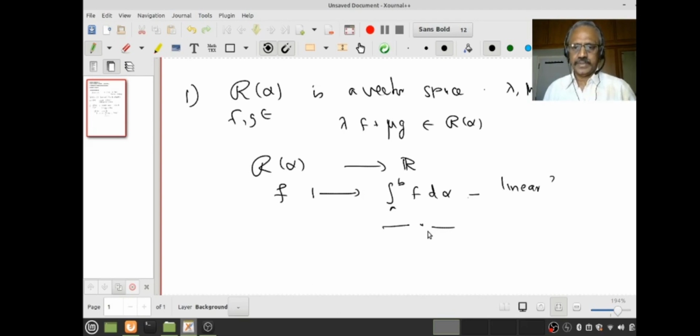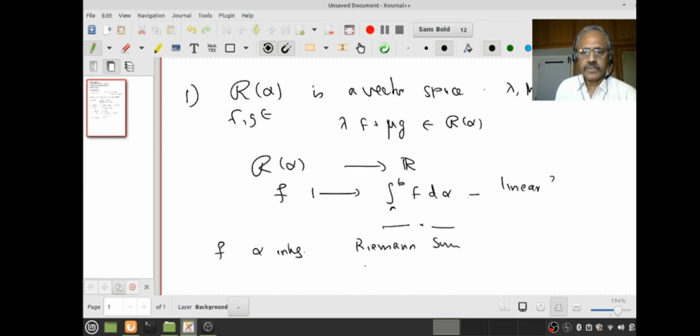Suppose I want to say some function f is alpha integrable. There are two ways of doing it. One is using the Riemann sum approach, the other is the Darboux sum approach, that is upper and lower sums. This is the first definition, this is the second definition. Using either one of them, I may show f is alpha integrable.